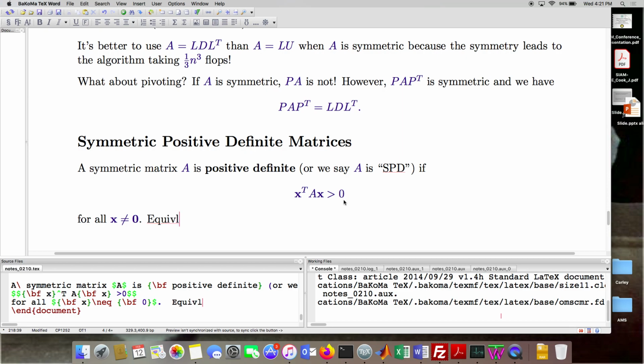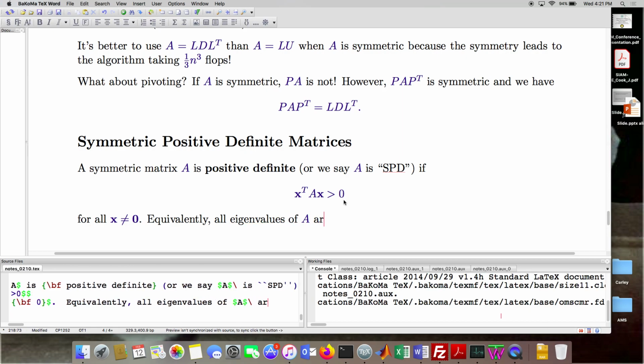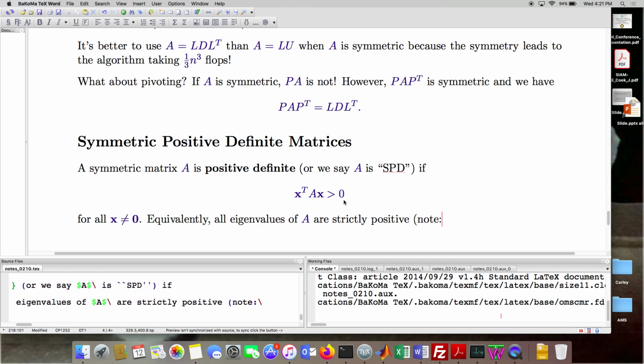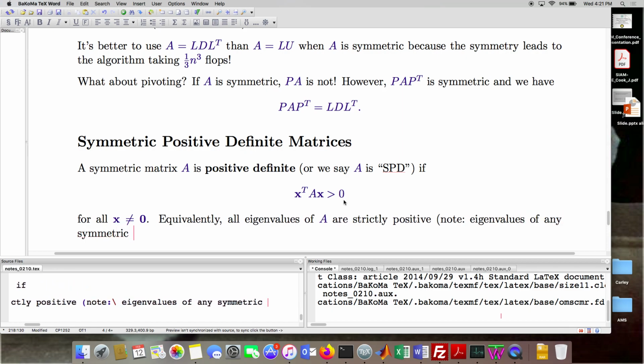Now, one equivalent definition: all eigenvalues of A are strictly positive. And one comment I want to make is eigenvalues of any symmetric matrix are real.